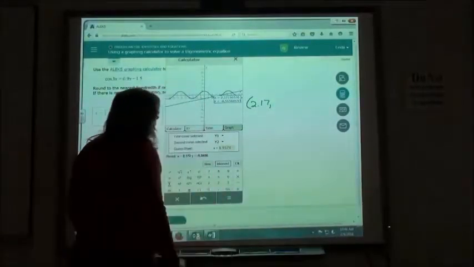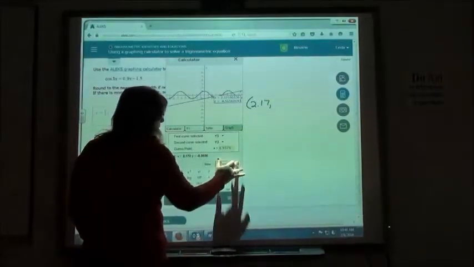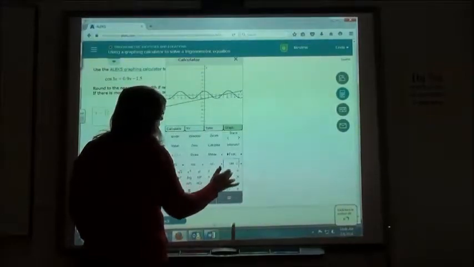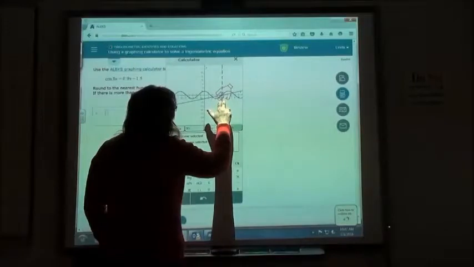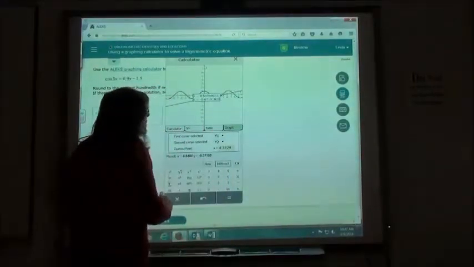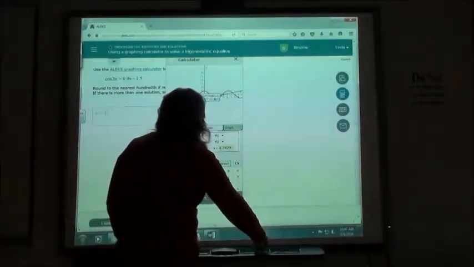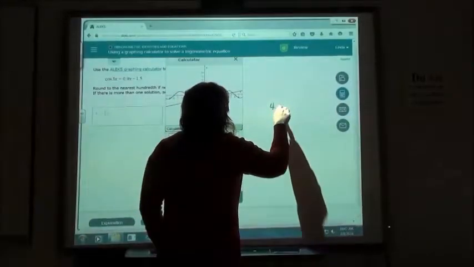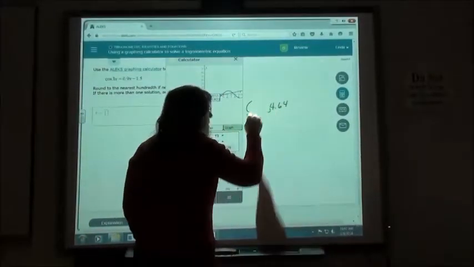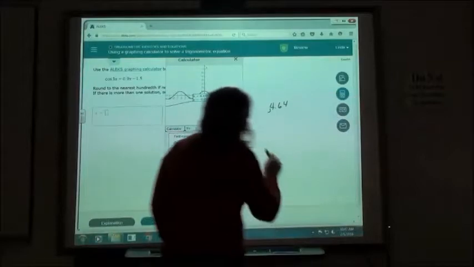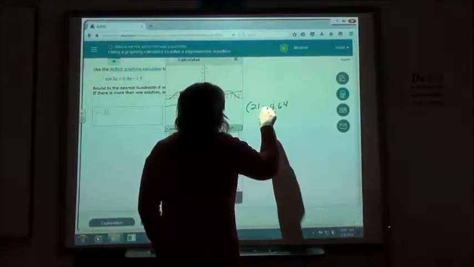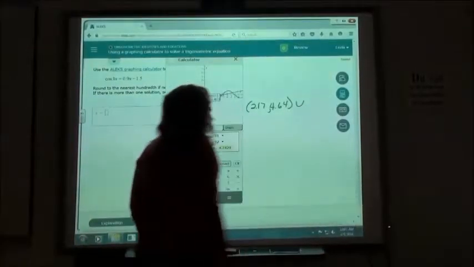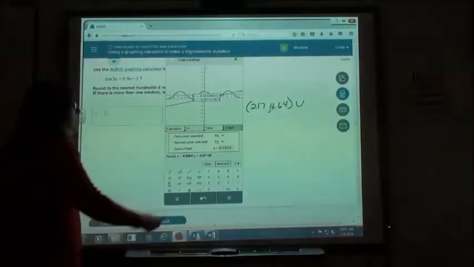Again, that's going to erase because I have to go to the next intersection, so hit intersect, find my second one, hit intersect there, 4.640, 4.64. So our first interval is 2.17 to 4.64.